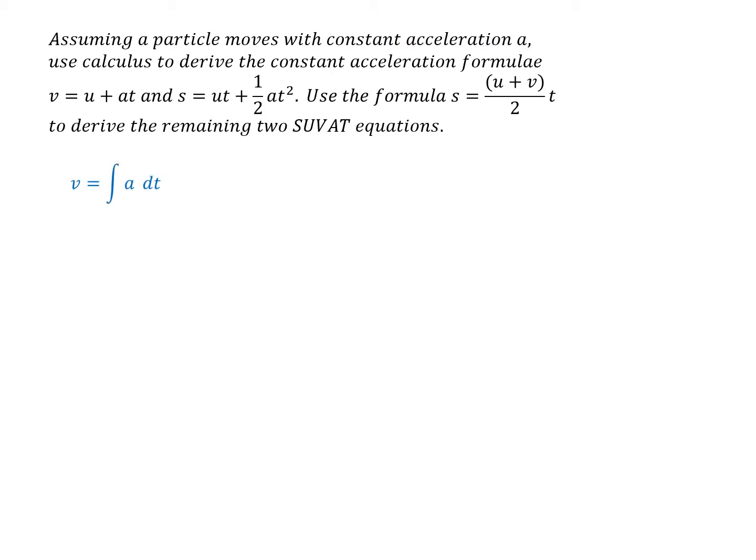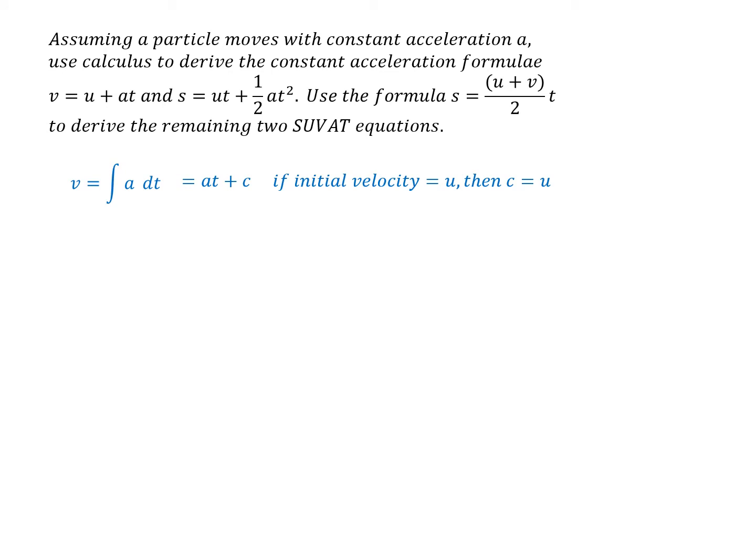So velocity is the integral of acceleration with respect to time. And remember that a is a constant, so when we integrate, we get at plus c, a constant of integration. So what we're going to assume is that when t equals 0, the initial velocity is u, and then c will equal u.